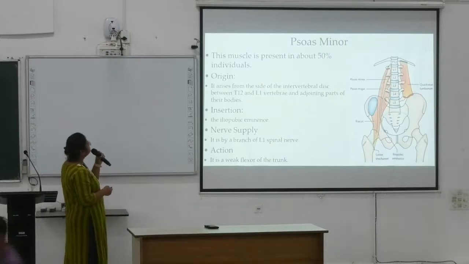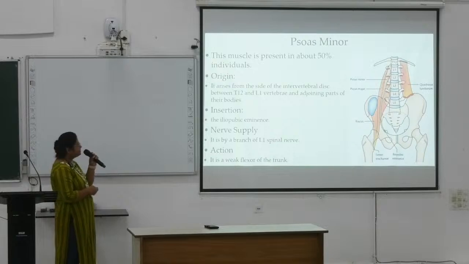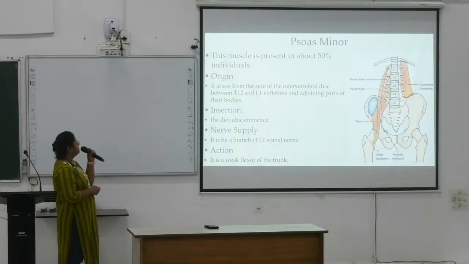Next we go to psoas minor. It is present in about 50% of individuals, not in all individuals. Origin, it arises from the intervertebral disc between T12 and L1 and adjoining parts of their bodies.